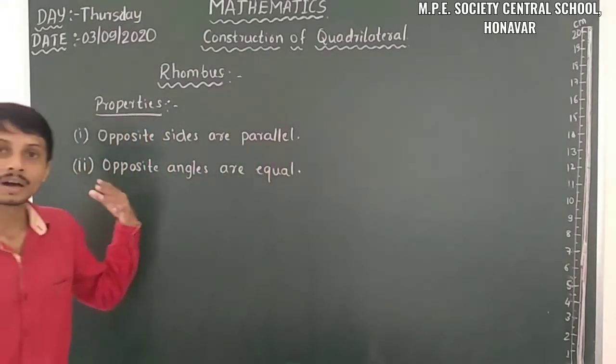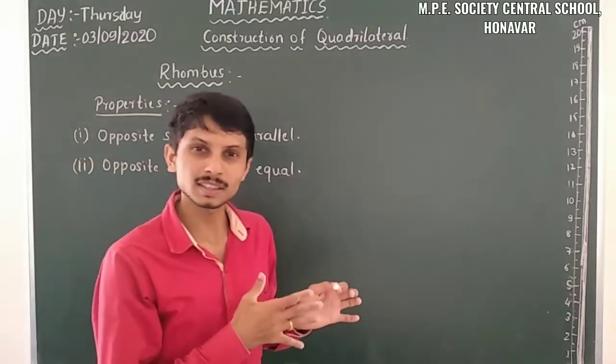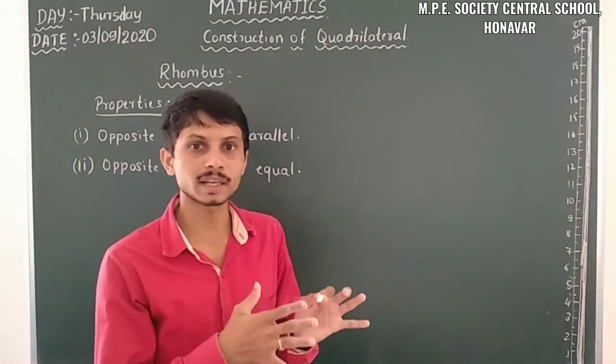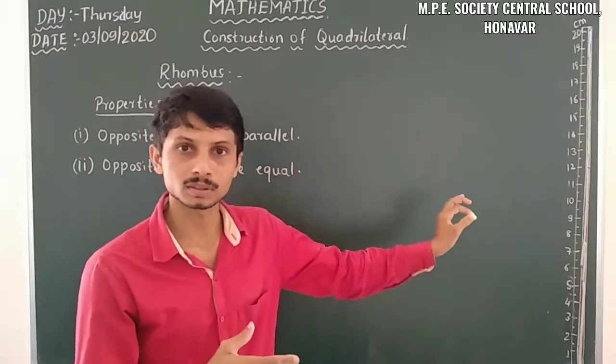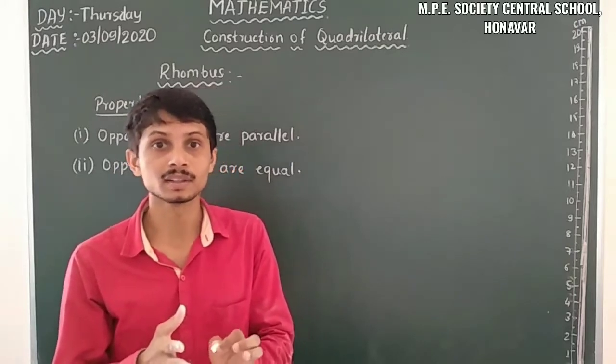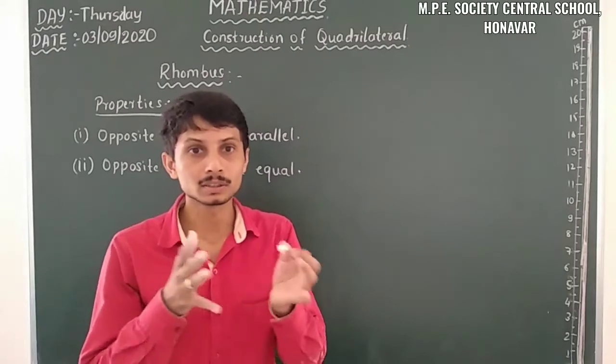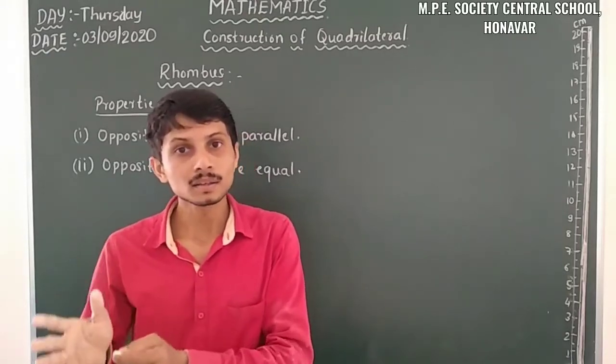Then we move on to the length of sides. What is the length of the sides here? In a rhombus, all the sides are equal. That's why I told you that square is also one of the types of rhombus.